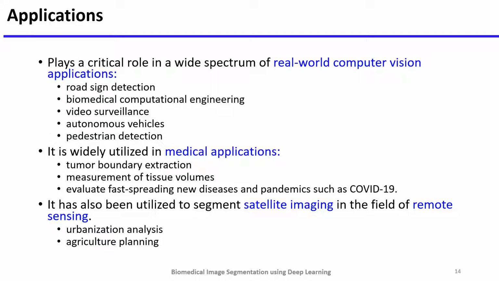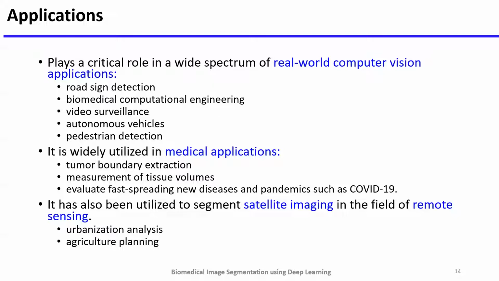So we can see that it is playing a critical role in a wide spectrum of real-world computer vision applications such as road sign detection, biomedical computational engineering, video surveillance, autonomous vehicles, pedestrian detection, and it is also widely used in various medical applications. So the use cases may be tumor boundary extraction, the measurement of tissue volume, and it is also very much useful for various studies of COVID-19 diagnosis systems.